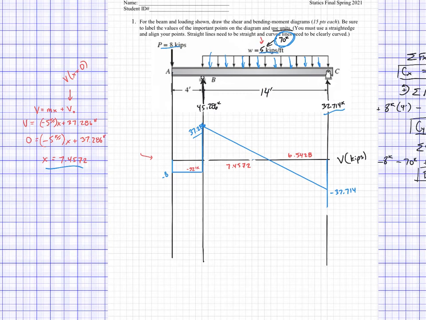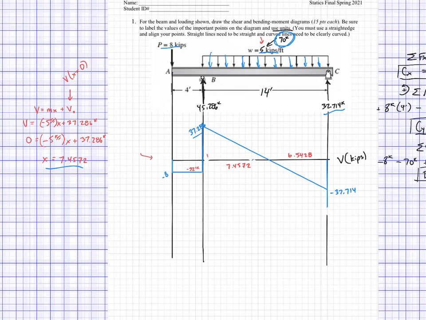So if we pull out our trusty dusty calculator, 7.4572 times 37.286. It's a really annoying number. It's big. 278.05 foot kips for that one. Oh, wait, I forgot to divide by 2, didn't I? Remember, this is a triangle, not a rectangle.